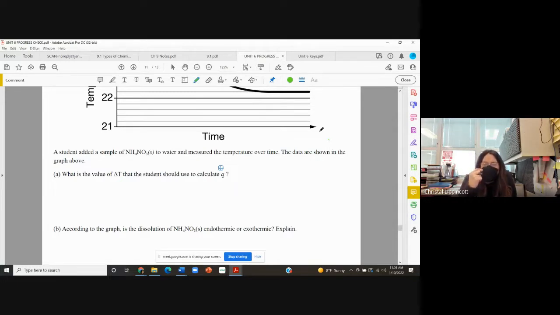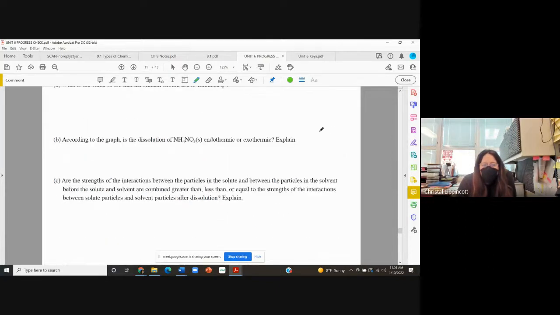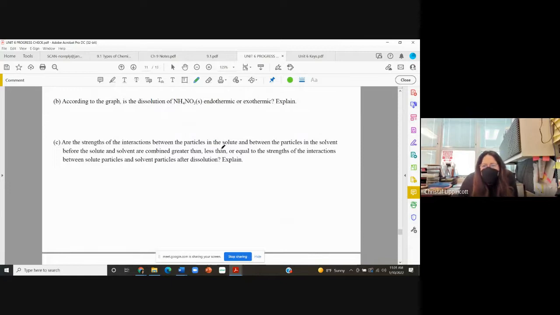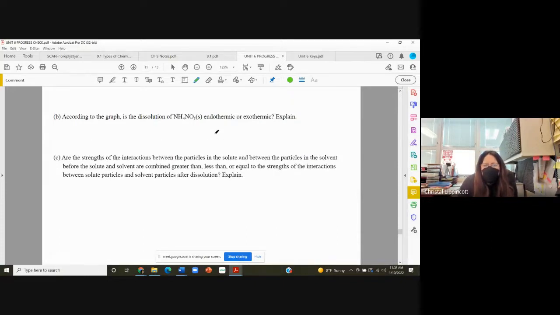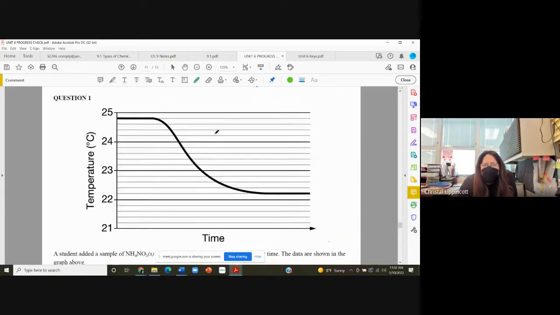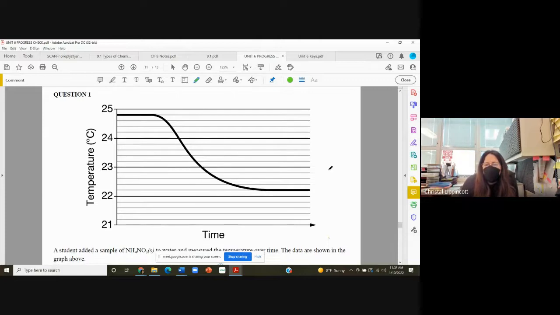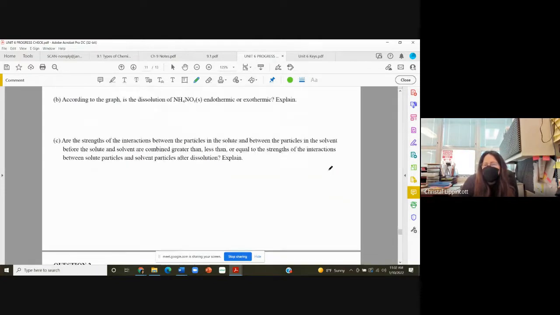I got it. And then, okay, can you do question 1, letter C. So we can see that this is an endothermic reaction because the temperature went down. So our temperature went down in the reaction solution. So that's kind of like your surroundings.